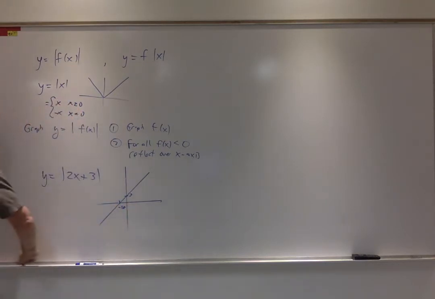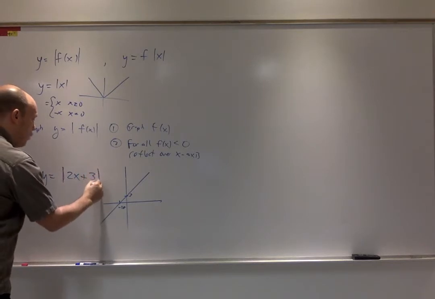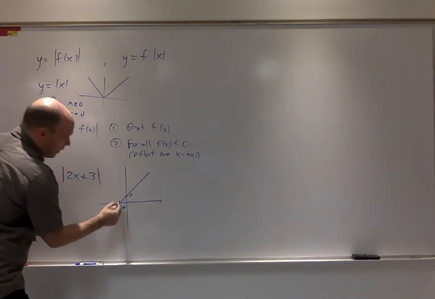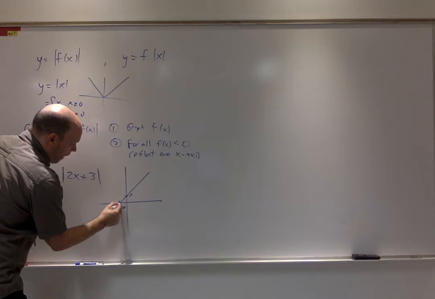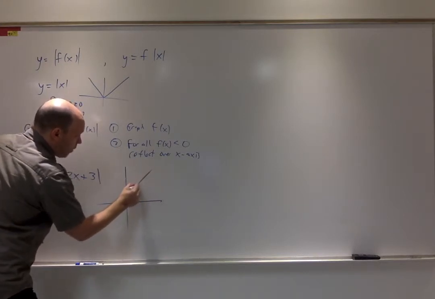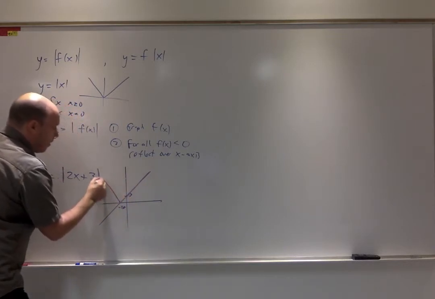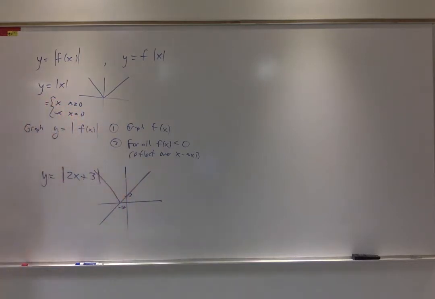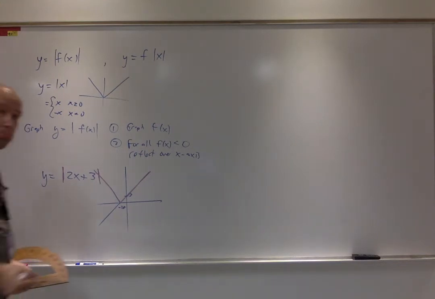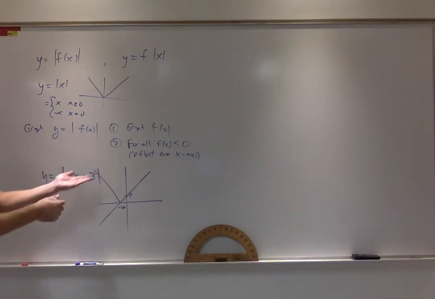For the absolute value, we're going to take the negative part and reflect it over the x-axis, so it's still positive. And so once again, this is the absolute value.